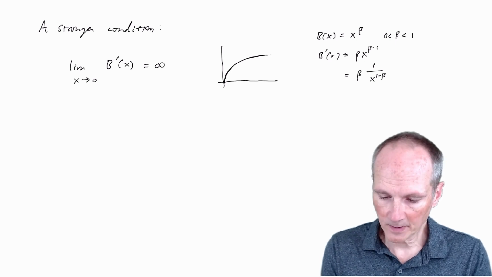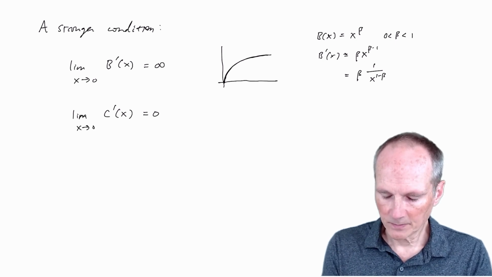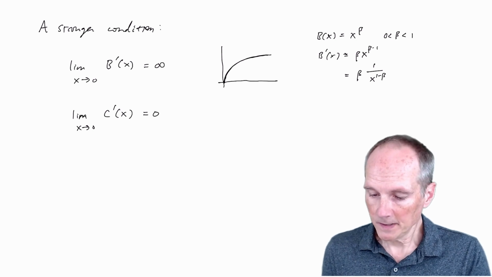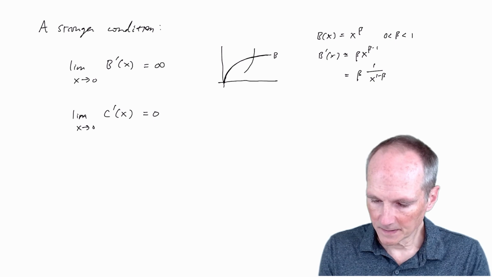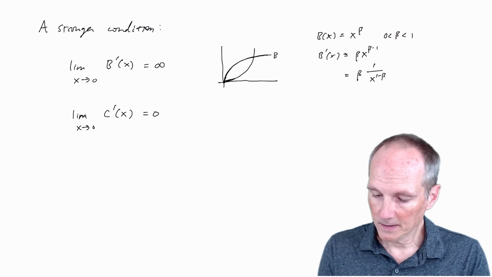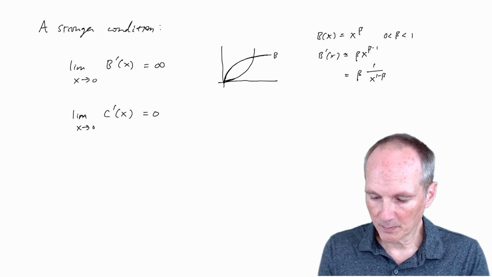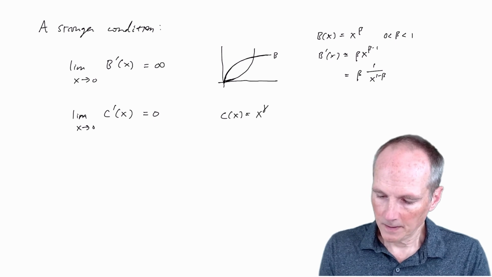And that is paired with the assumption that marginal cost becomes very low for small scales. And so we write that in terms of a limit like so. All right, so that means marginal cost is coming in and getting very, very flat. And that's also satisfied by power functions like x to the gamma, where gamma is bigger than 1.